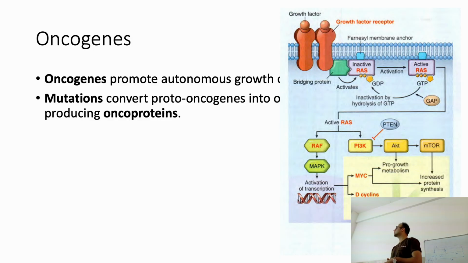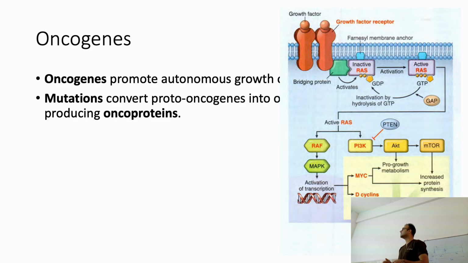So this is an example where a growth factor will bind to a growth factor receptor, activating a secondary messenger system, the GDP, and it will further activate the RAS system to activate the MAP kinase pathway or PI3K pathway or AKT mTOR pathway.